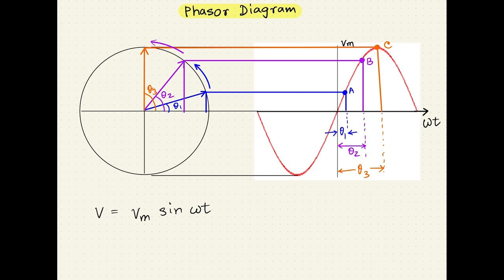So a point on the sinusoid corresponds to a vector on the polar coordinates.